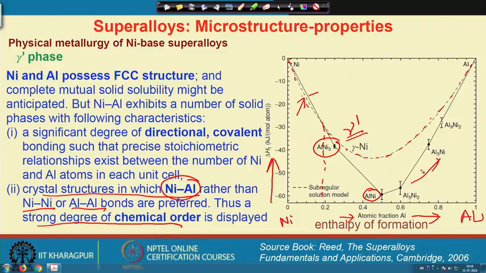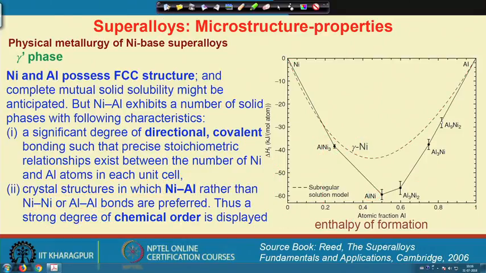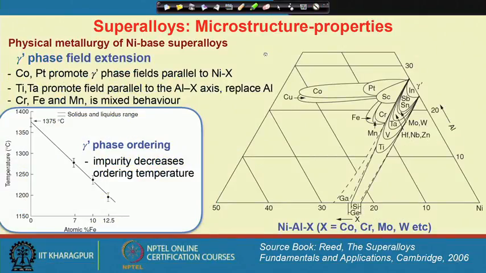Even though they are metallic, there is this slightly directional, covalent nature of the bonding. So, many stoichiometric compounds exist in the nickel aluminum system. Therefore, for the gamma prime phase we tried to understand the role of aluminum in this particular case.